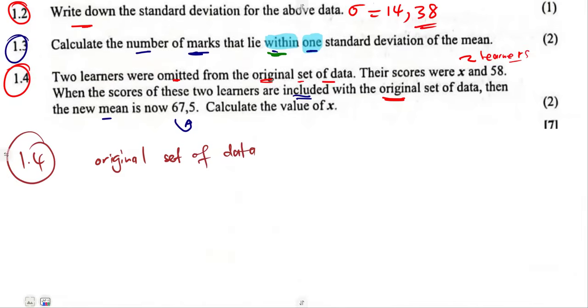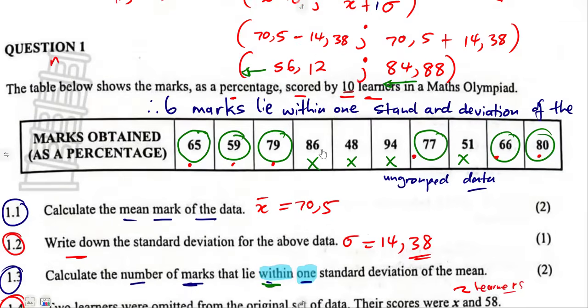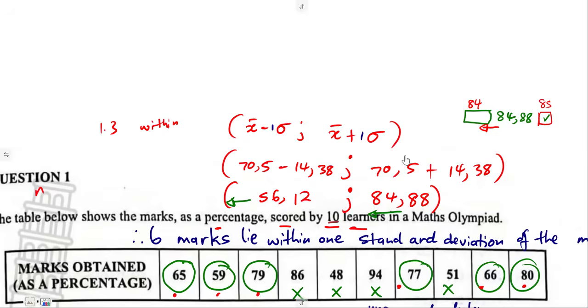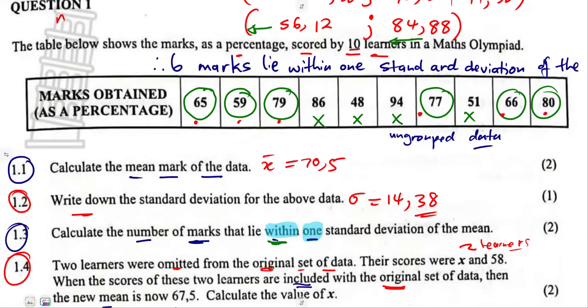When these 2 were not included, our n was equal to 10. The mean, we also calculated the mean. Remember, we calculated the mean that was 70.5. And that mean, when we calculated, remember, the sum of terms, when we added this, it was the sum of terms of 705 over 10.